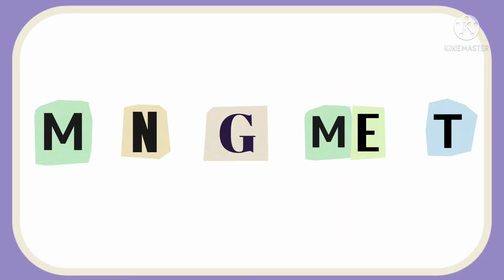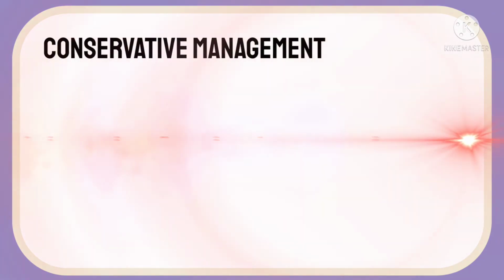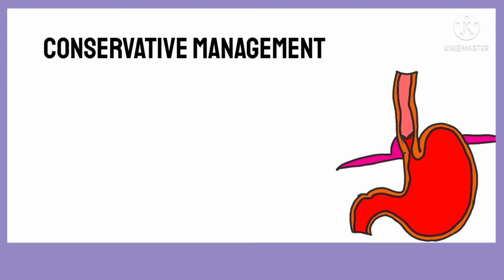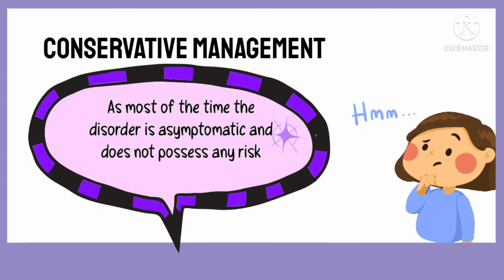Now let us discuss briefly the management of hiatal hernia. The conservative management includes treating the disorder to relieve the symptoms, as most of the time hiatal hernias are asymptomatic and do not pose any risk.